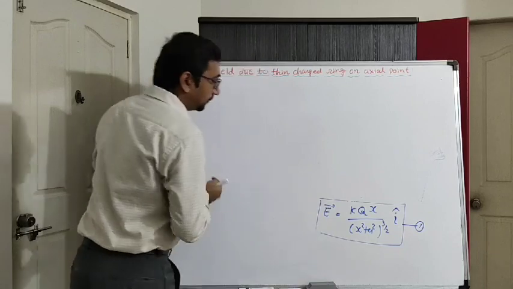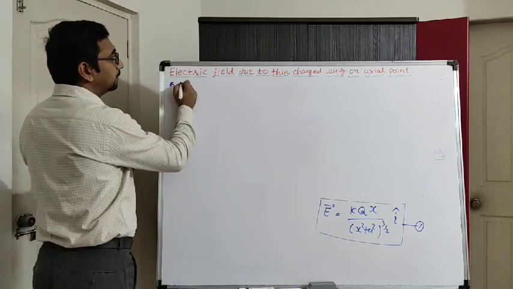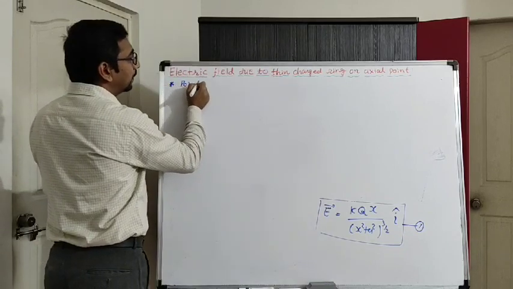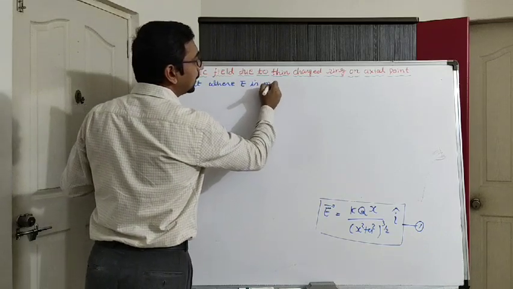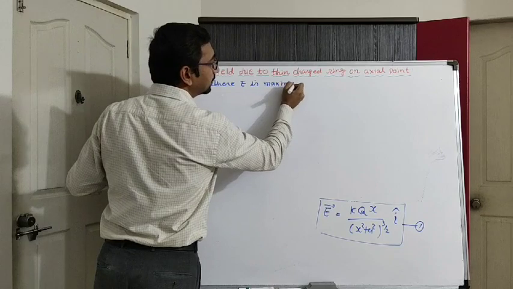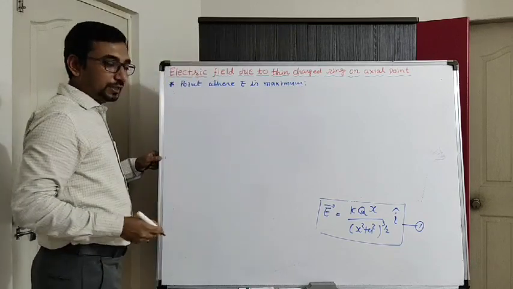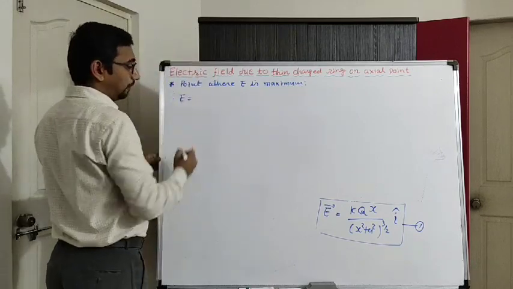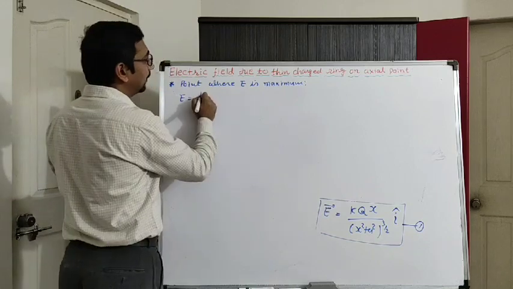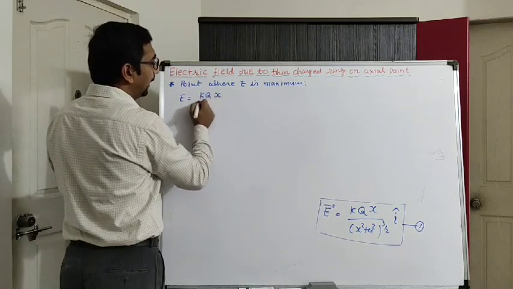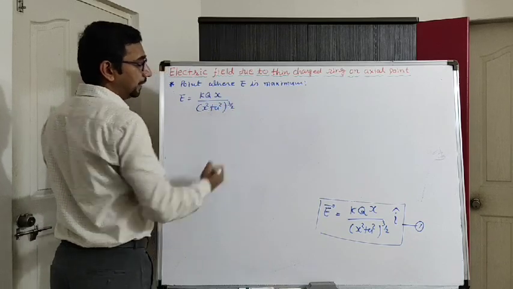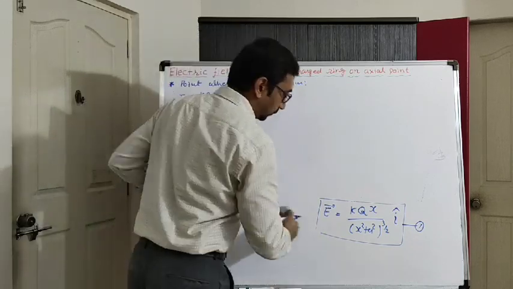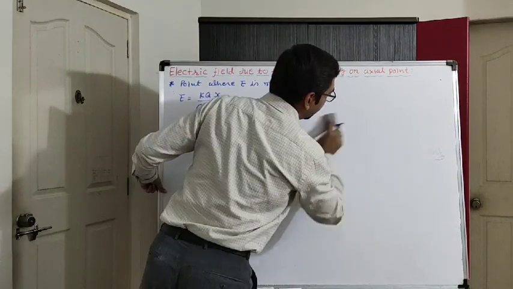So we'll try to obtain a point where E is maximum. Now what is electric field? If we write only magnitude, E is equal to kQx upon (x square plus a square) raised to 3 by 2. This was the value of electric field.